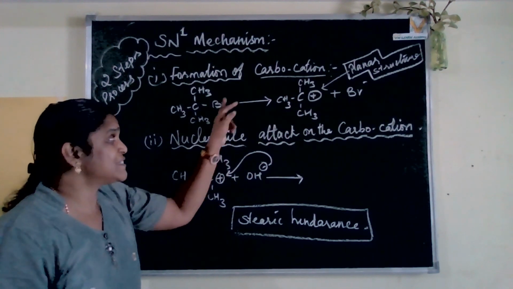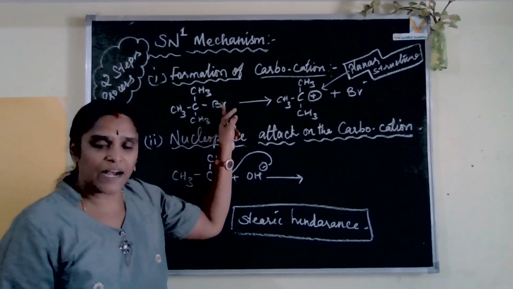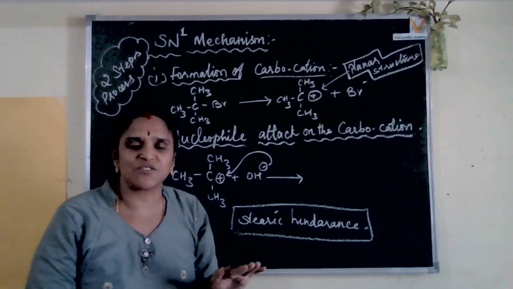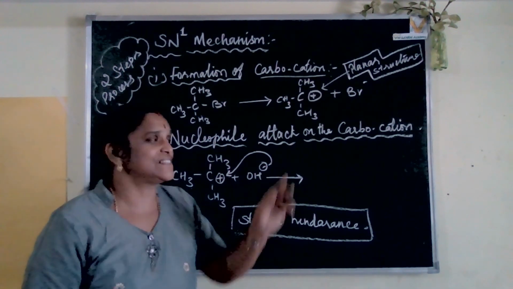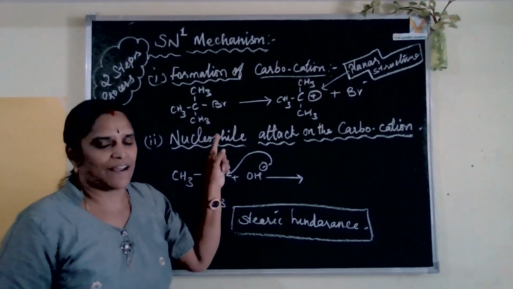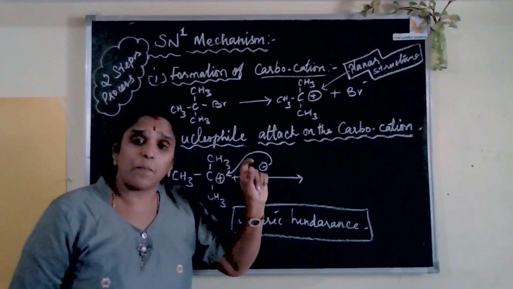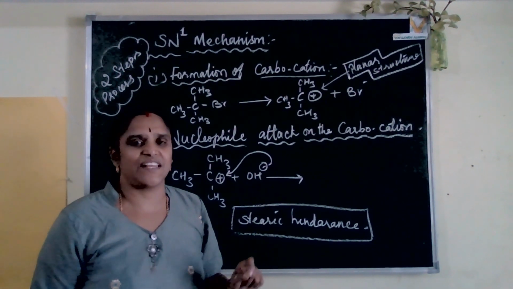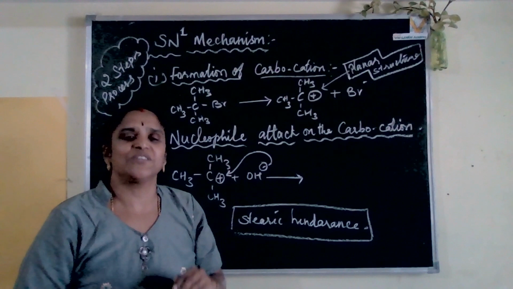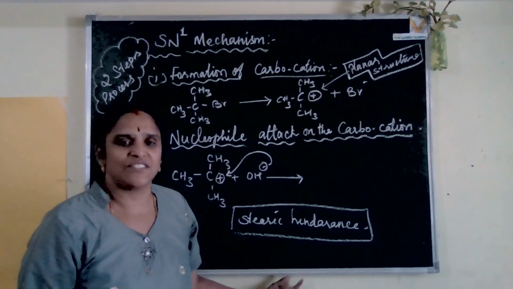Only the front side can be attacked. Why? Because the bulky groups are attached to that carbon. So that is the reason the nucleophile can attack the carbocation. That is called steric hindrance. Hindered means hidden, so that is the reason they mention steric hindrance.